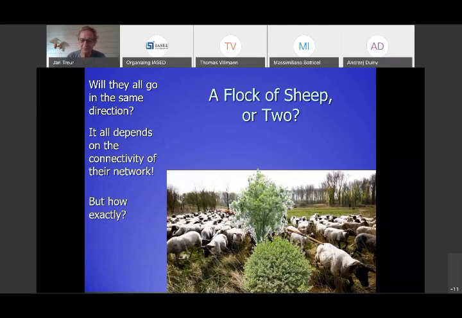We see here there are, in fact, two influencers. So then the question is, will it be one or two flocks of sheep, or will there not be any flock anymore because there is dividedness for all individuals? It's also possible. So that's another question, what will happen now.